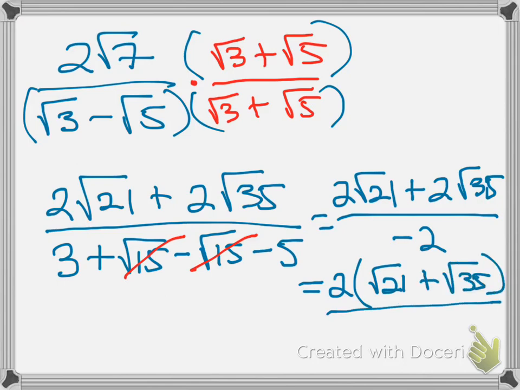We're going to divide that by negative 2. Of course, those 2's will cancel, which means that we end up dividing by negative 1, which we don't really want to leave down there. So our final result is going to be negative square root of 21 minus the square root of 35. And there's our simplified result.